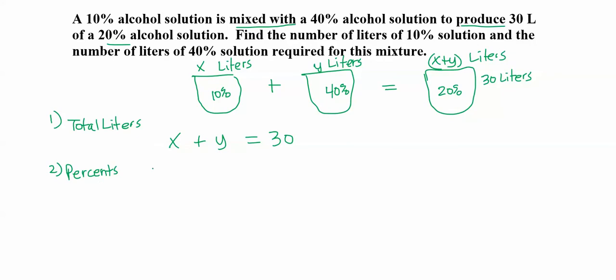So I have 0.10x plus 0.40y equals 0.20. This is a little different because you need to make sure you take into account that you're mixing together your x and your y, so we have to have over here our total liters, which is 30.